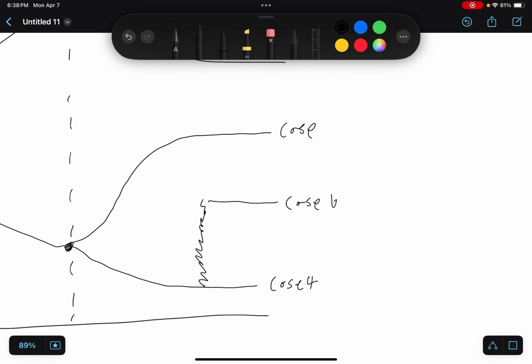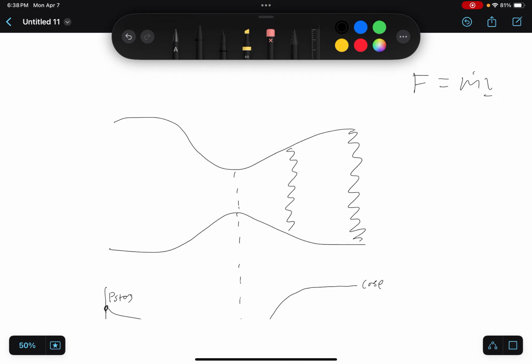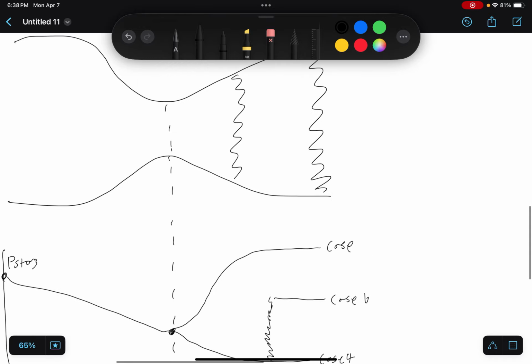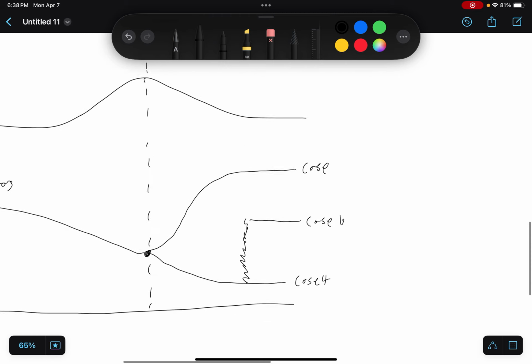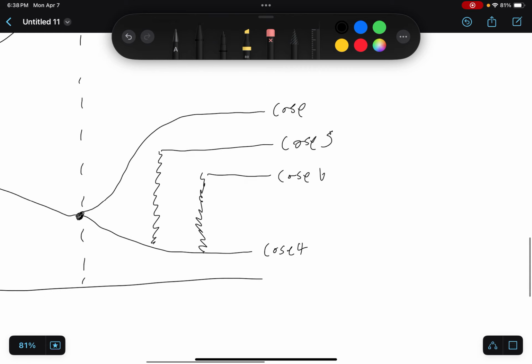There are a couple other cases also. Those cases are that you have a normal shockwave right at the exit, I drew it, but you could have it somewhere earlier. I'll explain how we calculate that later. That would be case 5.